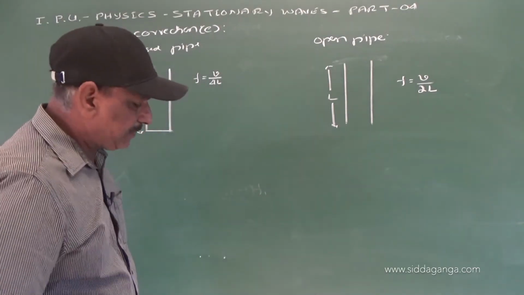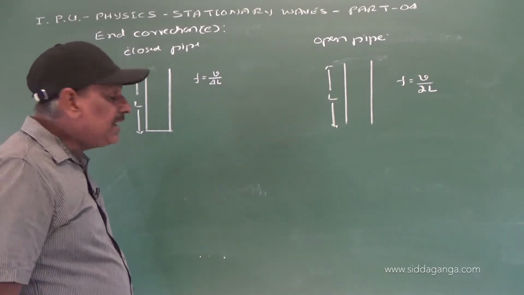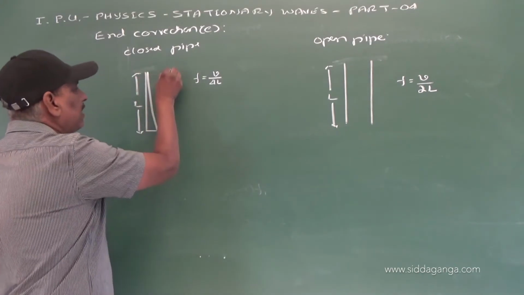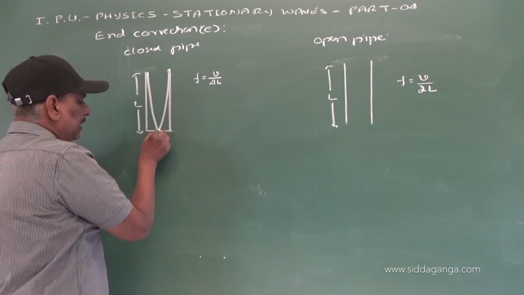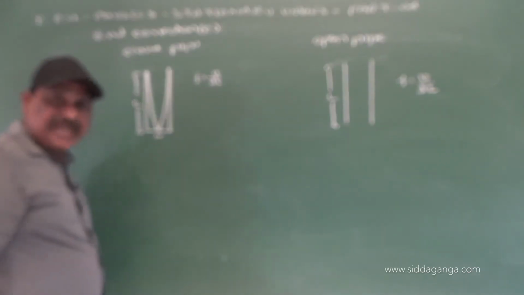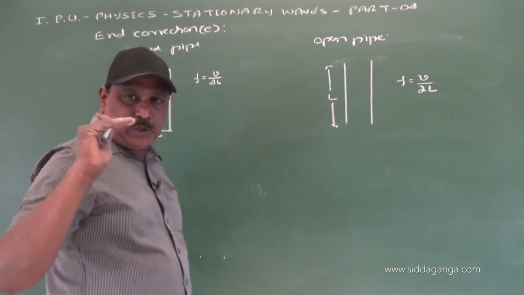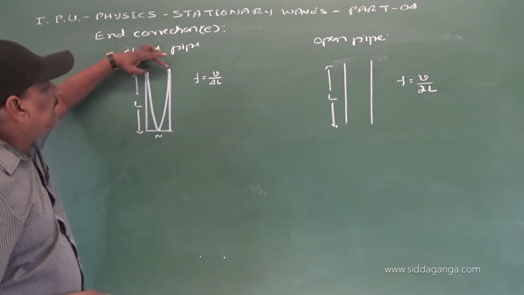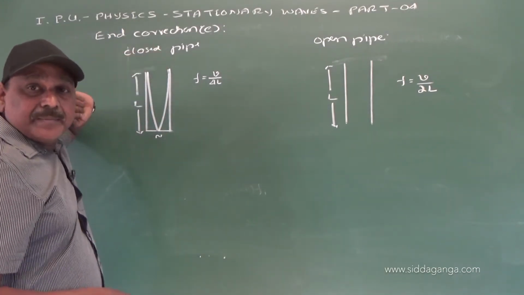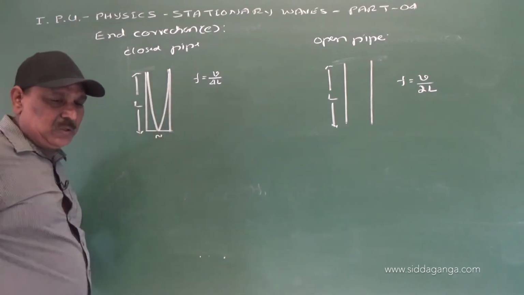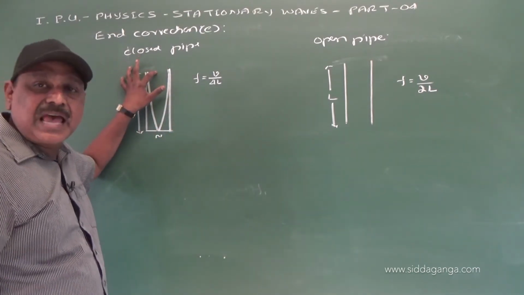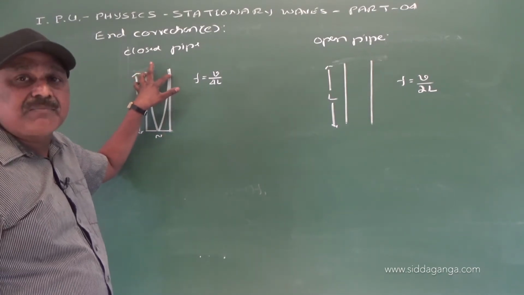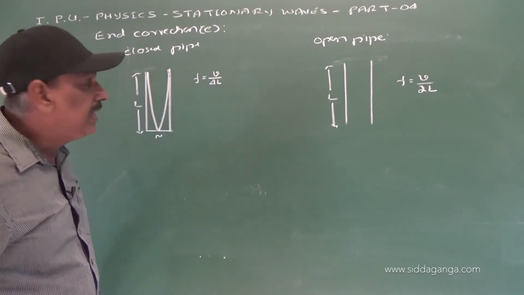It is because we consider that an antinode is formed at the open end of the pipe, but actually a true antinode is not formed exactly at the open end, because though the particles have maximum freedom of vibration, the vibrations are restricted by the sides of the tube.